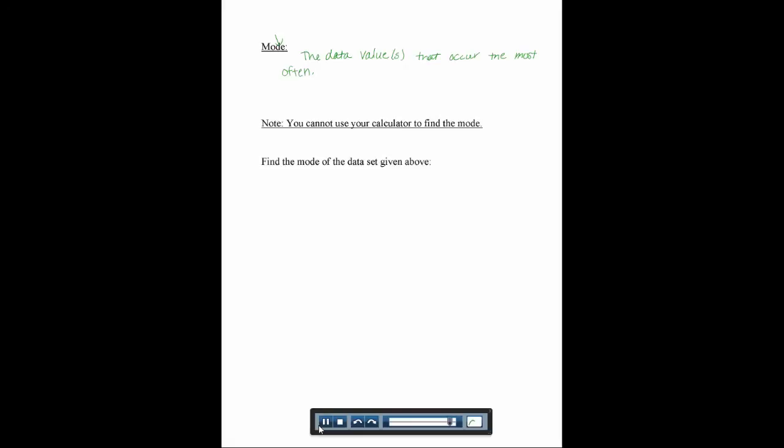Unfortunately, there's no way to do this on the calculator. You just have to look through the data set. If you're having a hard time with it, I would recommend writing them all out in order, and it's a little easier to see. From the beginning data set, the mode is equal to 30 because 30 occurs the most times.